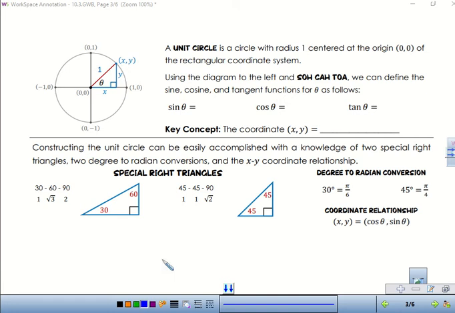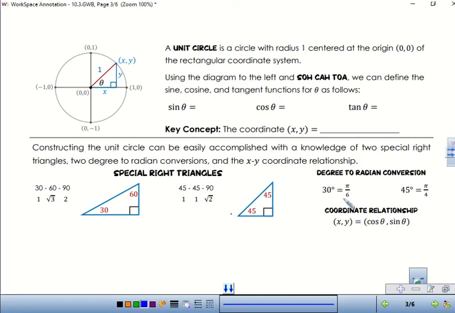That being said, we know that this is some point x comma y. We don't know what point it is, but we know it's x comma y. So we know that the horizontal distance is x, and the vertical distance is y. So that's where we get those things from. So, using the diagram to the left and SOHCAHTOA, we can define sine, cosine, and tangent functions for theta as follows.